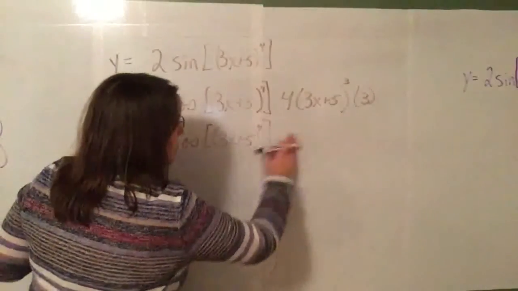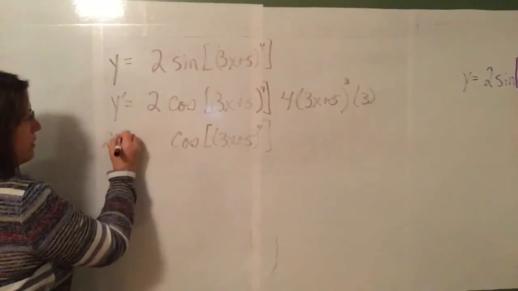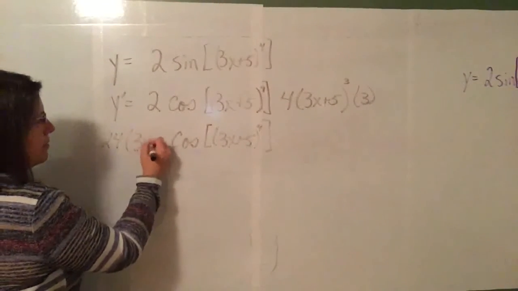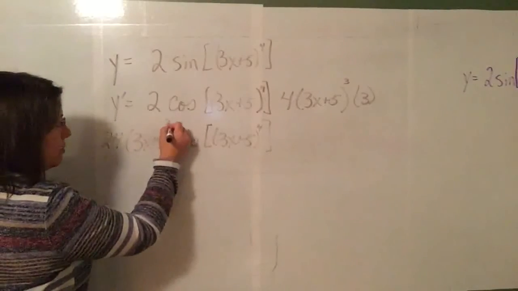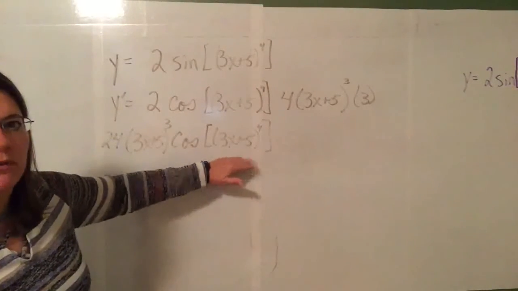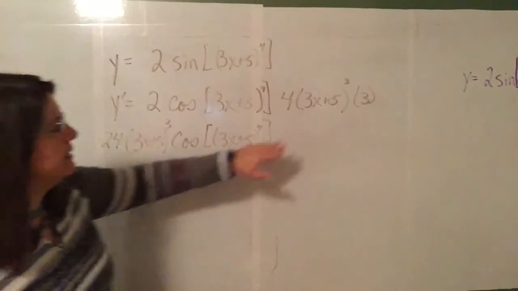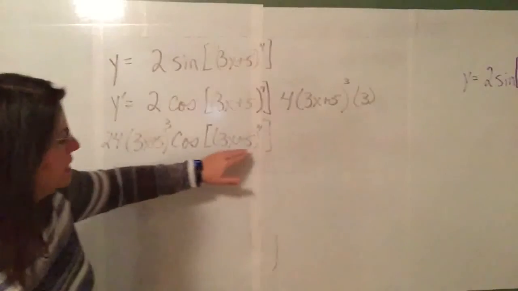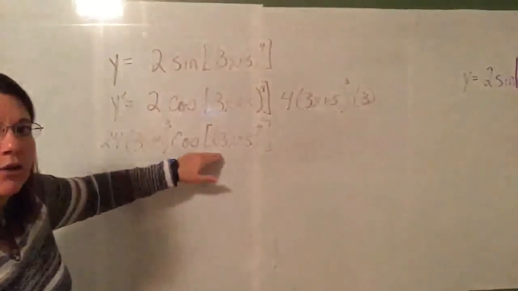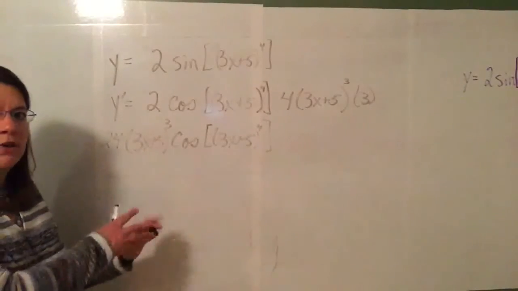Let's do that. So I'll have the 24 times 3x plus 5 cubed times cosine 3x plus 5 to the fourth. That's probably the best way to express that, because we don't want anybody to get confused and think that's part of the angle here. It's not, it's separate. Anything separate should always go in the front.